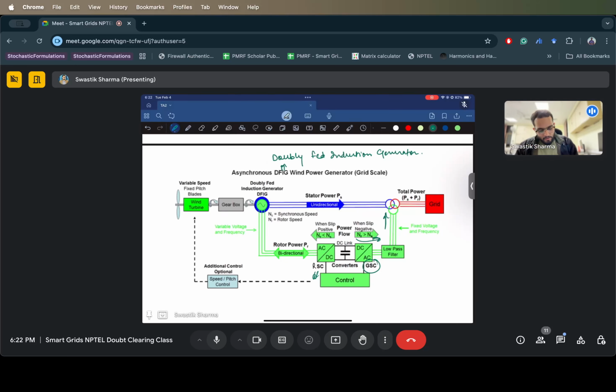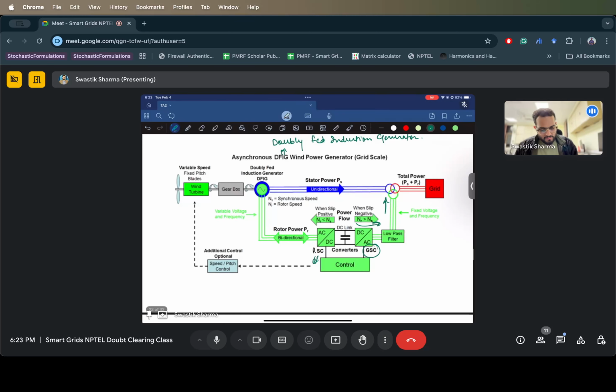And let's say now you are at subsynchronous level. Your slip is positive. So you get the extra amount of energy needed to have the same fixed voltage, fixed frequency operation and power your rotor side, so that the magnetic field rotation can add to the rotor speed and produce electricity at synchronous level.